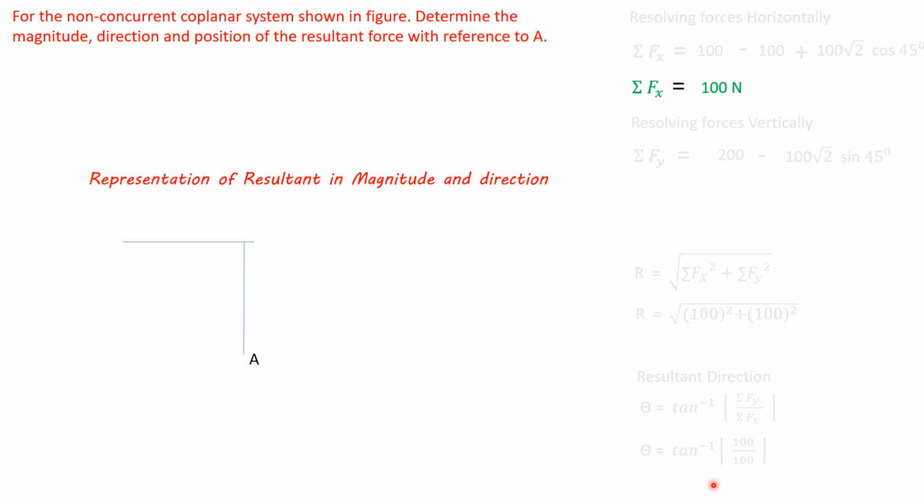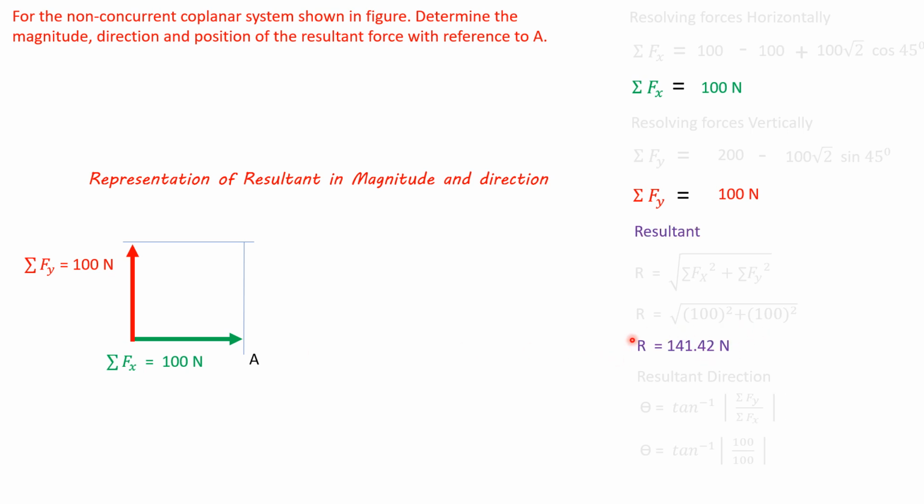Summation Fx is positive and summation Fy is positive. From these values, we can say that the resultant is located in the first quadrant, with a magnitude of 141.42 Newtons, making an angle of 45 degrees to the horizontal.